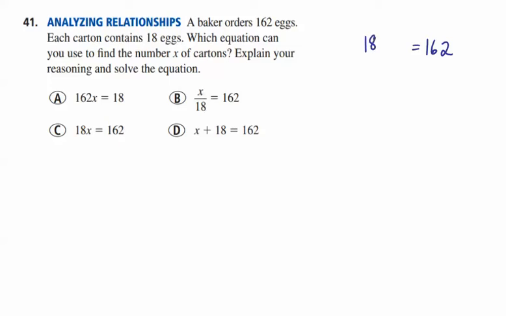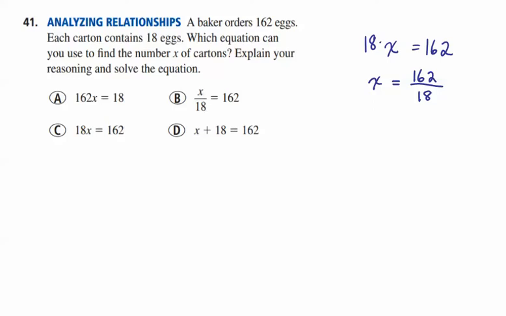What we don't know is how many cartons we have. So we're going to multiply 18 times the number of cartons that we do have. Now, some people might set this up by saying that x is equal to, you take the 162 eggs and you divide it by how many eggs there are in a carton, and that would be x is equal to 162 over 18. Actually, both of those are correct.